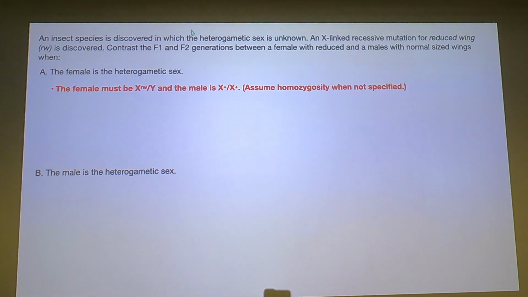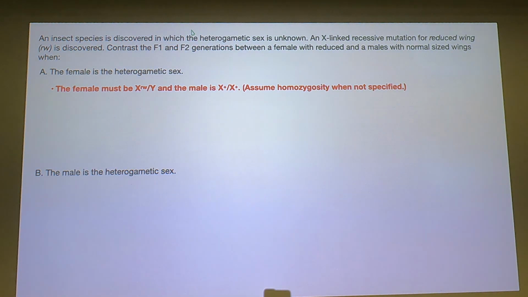we can figure out the genotypes of the female. There's our female. She must be heterozygous because we've just said we got a female with reduced wing, so she must look like this because she's heterogametic, right? And the male, because it's wild type in phenotype, it must be this.